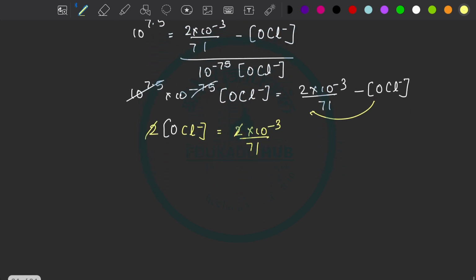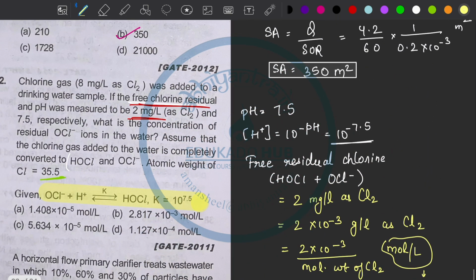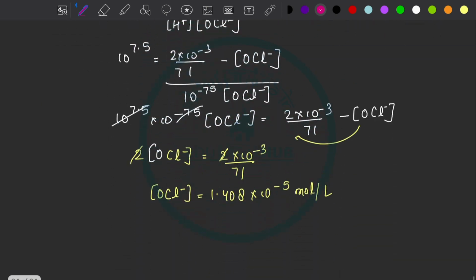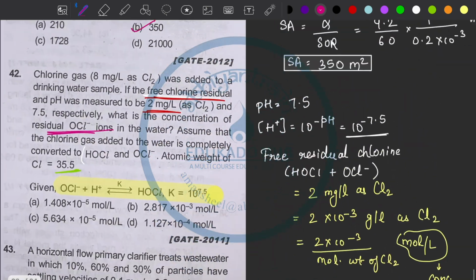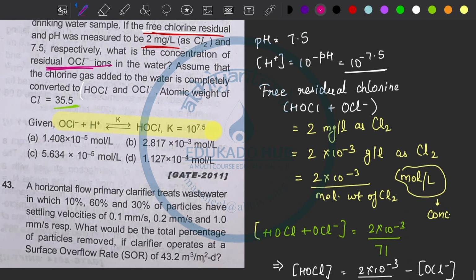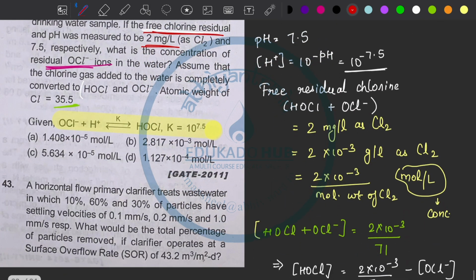I get the concentration of OCl minus ion as 1.408 into 10 to the power minus 5 mole per liter. So they were asking me the concentration of residual OCl minus ion. The answer comes out to be 1.408 into 10 to the power minus 5. So the correct option is option A.